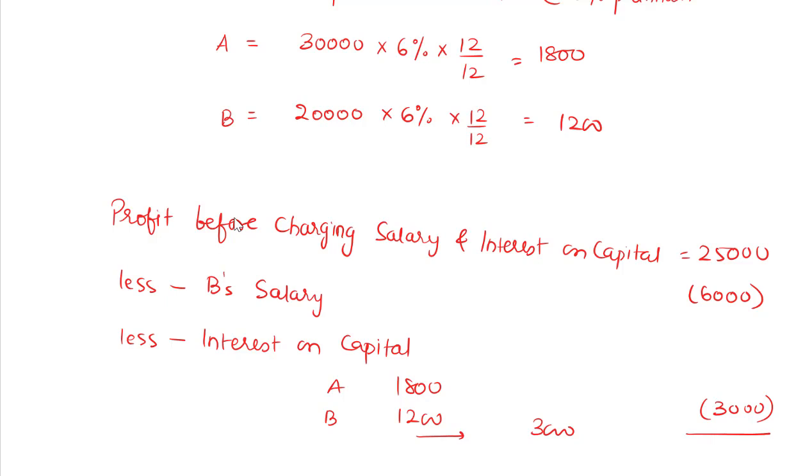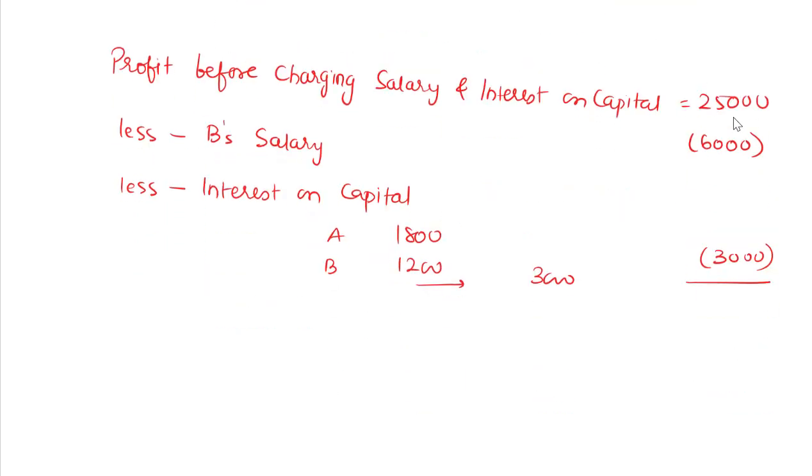So 25,000 minus 6,000 minus 3,000, the remaining profit is 16,000. This profit needs to be distributed between partner A and B in the ratio of 5:3.